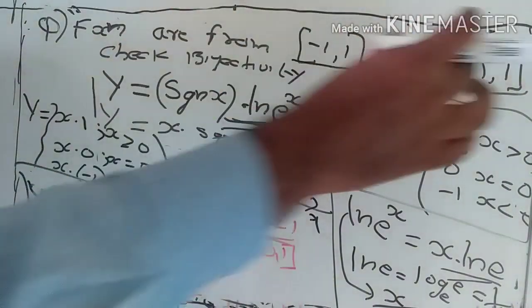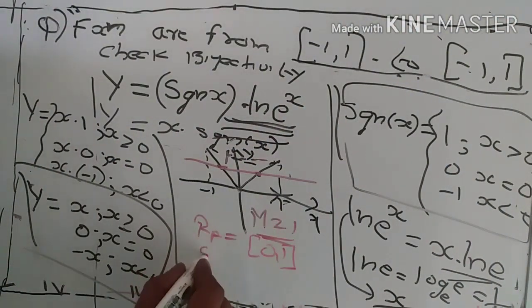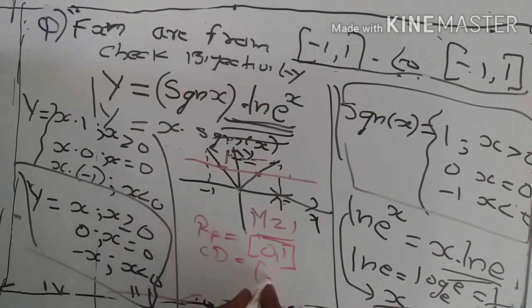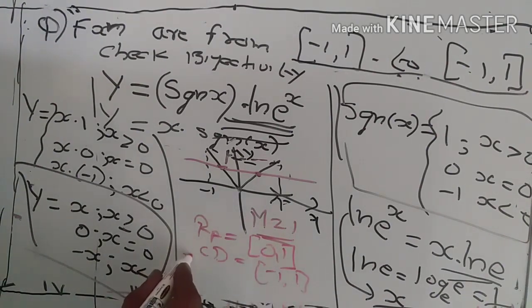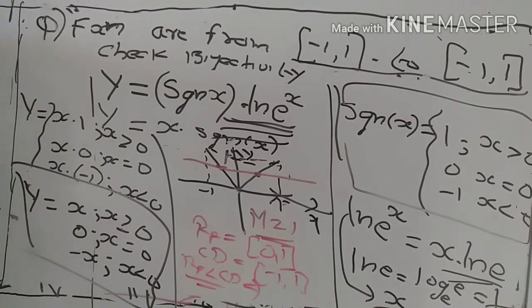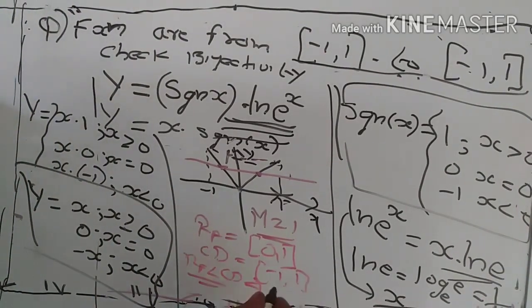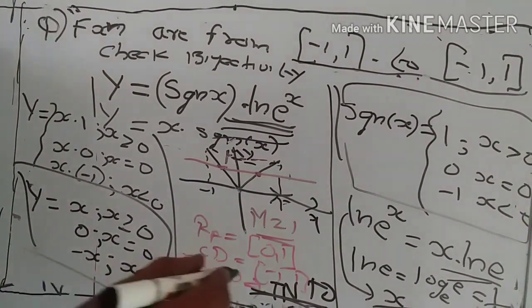The codomain is the closed interval minus 1 to 1. Range less than codomain implies into function. So the function is not bijective.